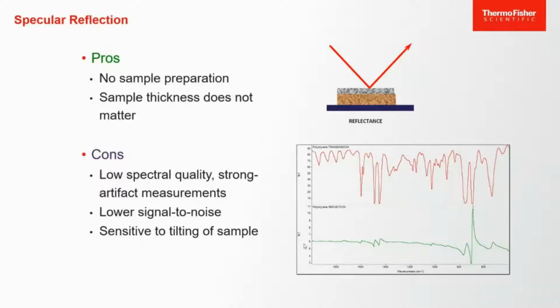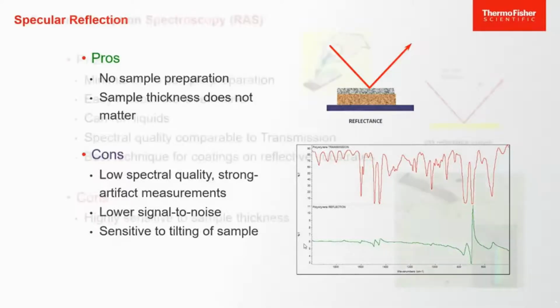If you look at the spectra on the lower right, you see a sample that's just a little too thick. So it's a polystyrene sample by reflection, and you can see the one peak looks like a first derivative peak. So these can have lower signal to noise, and they can be very sensitive to the tilting of the sample, because that will change where the back reflection of the light goes.